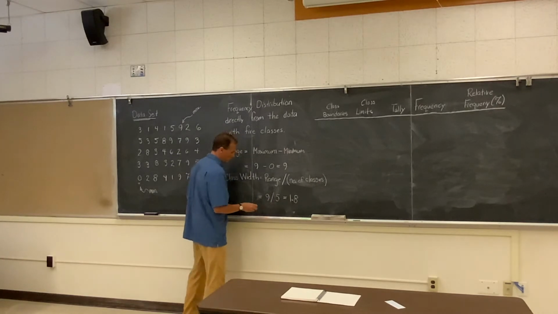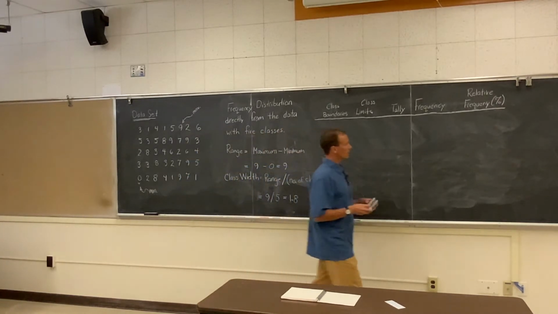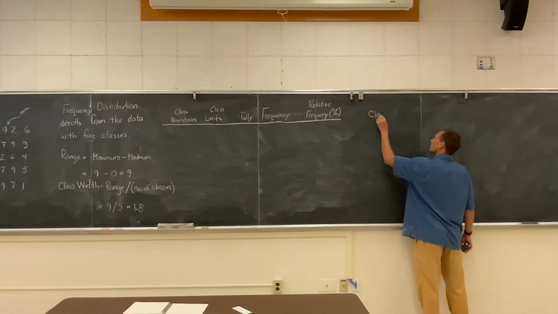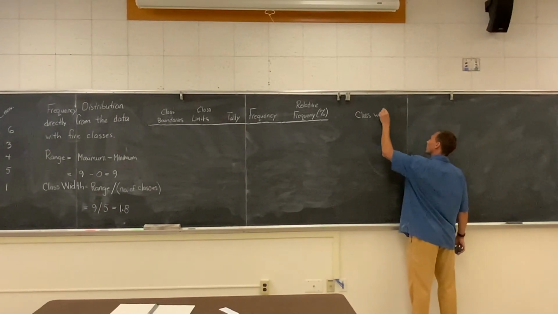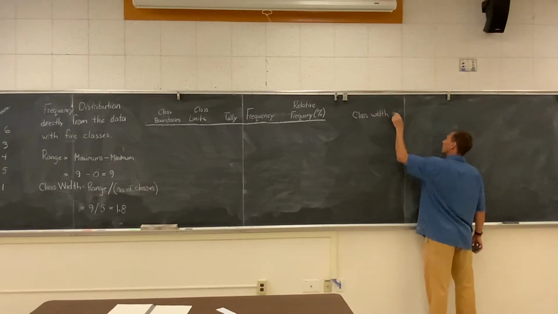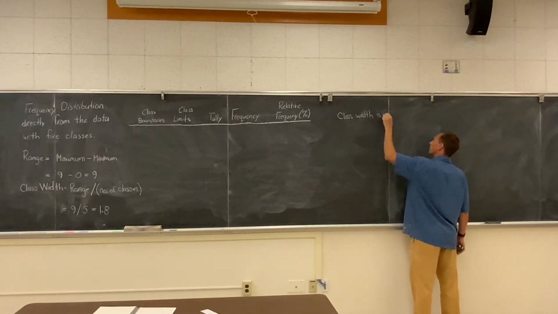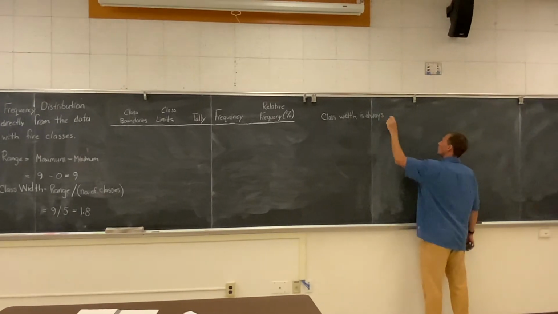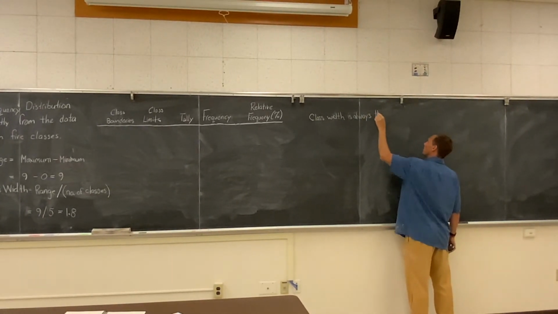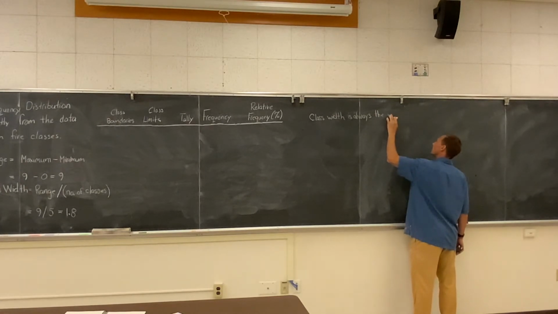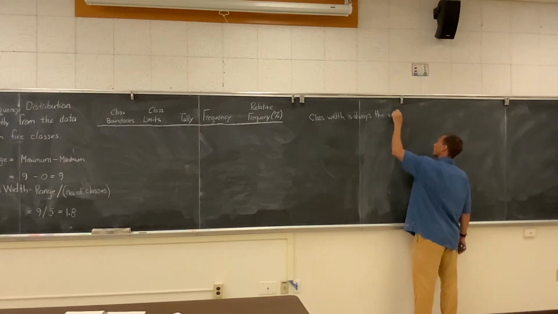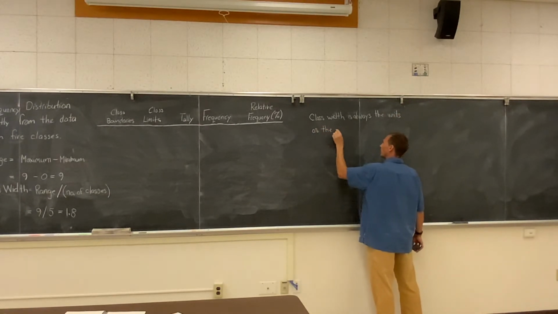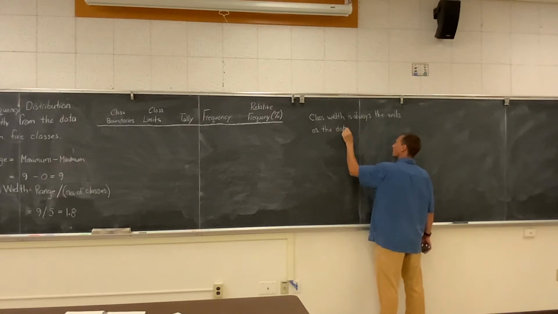So let's come over here and make another note. Class width is always, and in math the word always is used very carefully, the same units as the data. Let me write this.